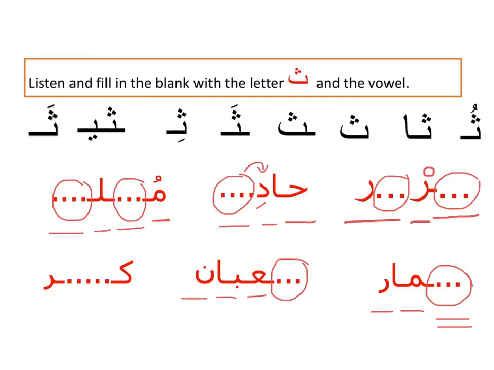So the missing letter here is thu, simple thu. Last one, kathir. So in the middle there is the missing th, and check or decide if it's going to join from here and from here.